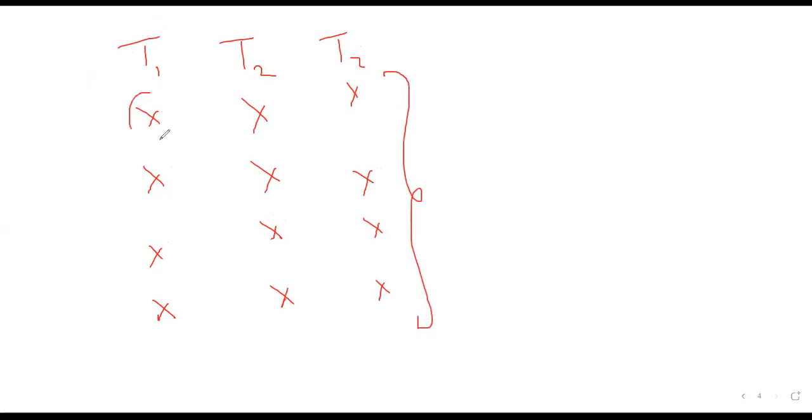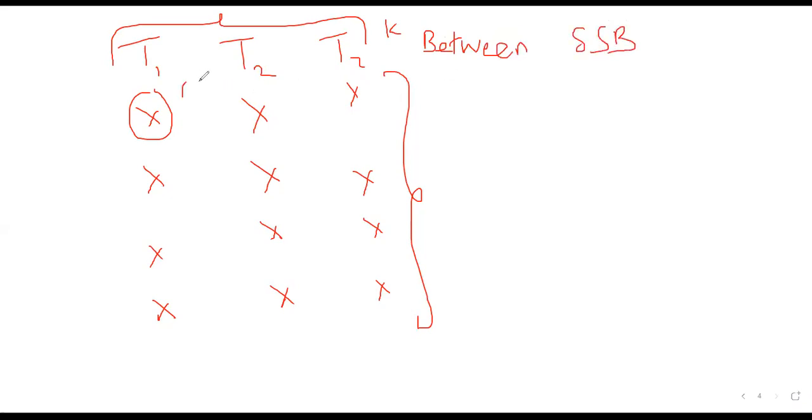Why is it that there's a variation in the average cob size? These treatments, he called them K. There was a variation between the treatments, which was SSB. So the variation existing between these treatments was SSB.